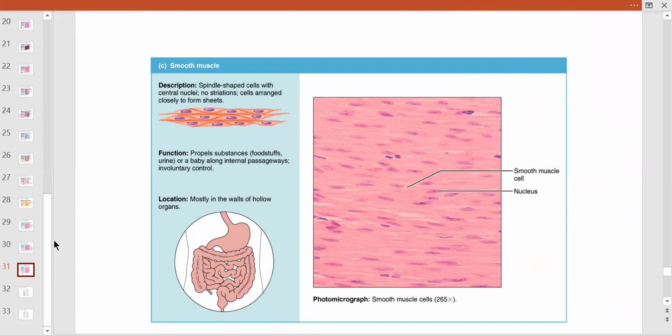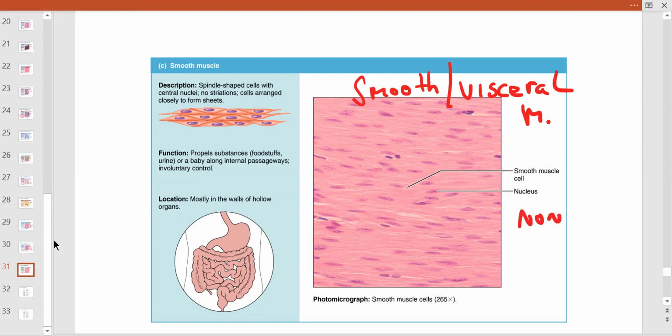So remember I said before, you have to be careful with this versus dense regular connective tissue. This is smooth muscle now. So please look at the difference between these two. Smooth muscle is also called visceral muscle. And this is non-striated, let me write that down, non-striated, that's why it's smooth.